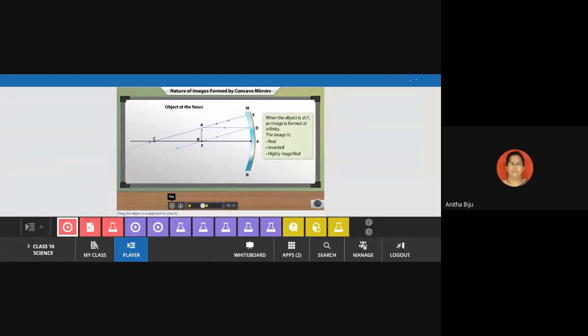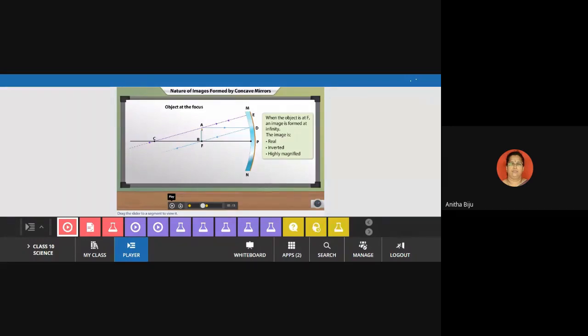Now, what are the properties of the image which is formed? Since it is formed on the same side, it is real and inverted. From the two reflected lines, we can guess that it is highly magnified. The size is very, very large as compared to the object. This is more than sufficient for the characteristic features of the image.